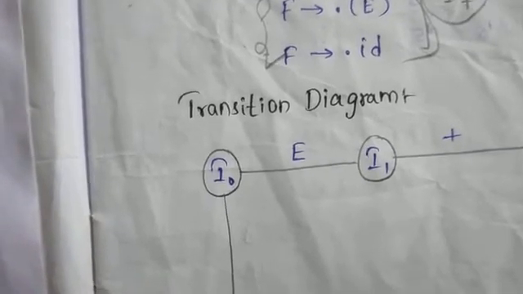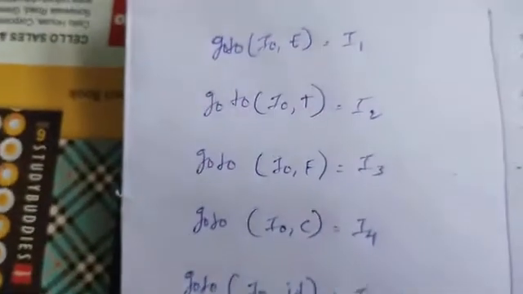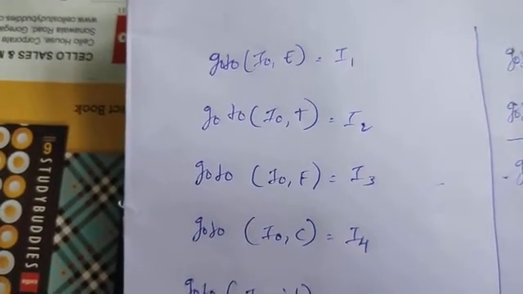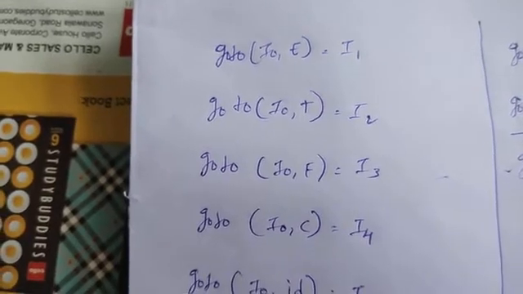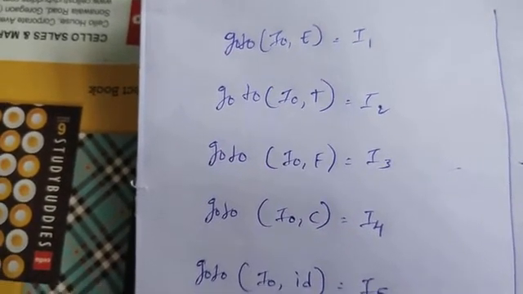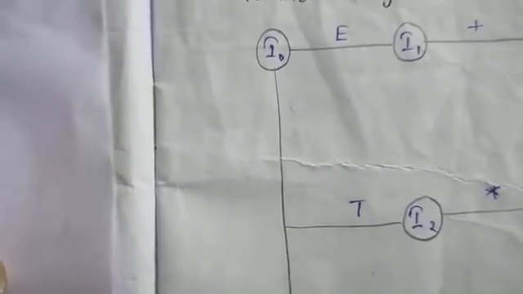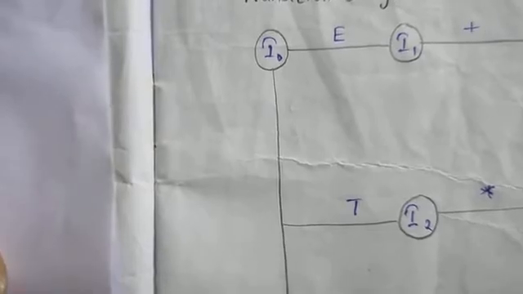There is a transition diagram for that one. Here next, go to I0 comma T. It's not plus, it is T. We will go to I2. So from I0, when T came, it will go to I2.